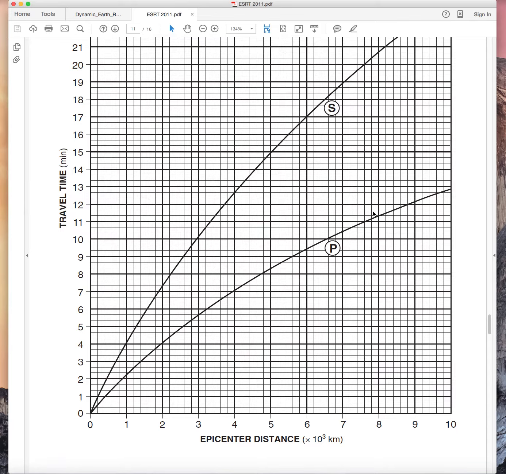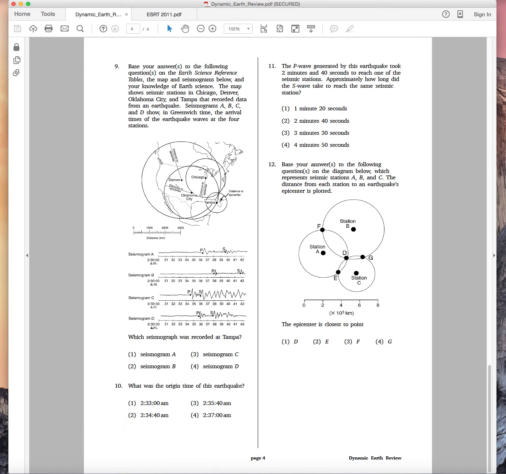If your time difference is larger, then you're going to have a big epicenter distance. So Denver has the biggest circle, so Denver is going to have the biggest time difference. Tampa, smallest circle, smallest time difference. And what jumps out at me, being the smallest time difference, would be seismogram C.